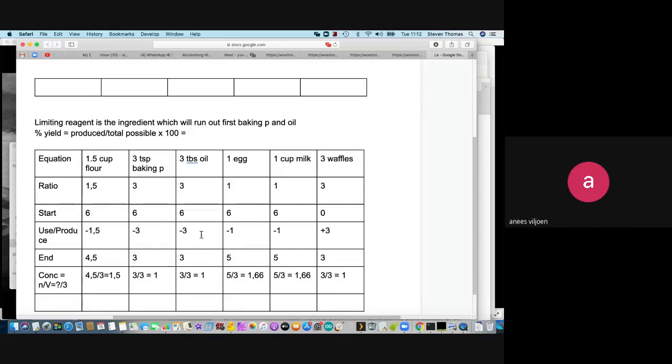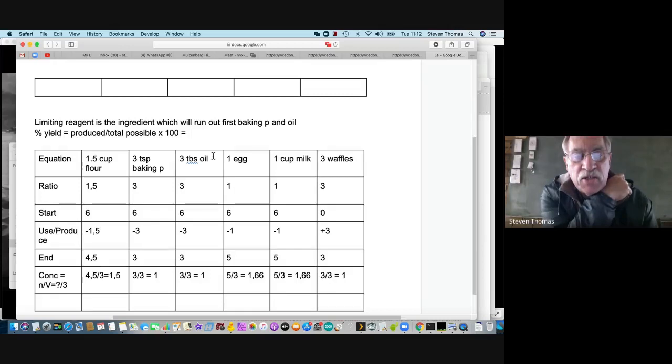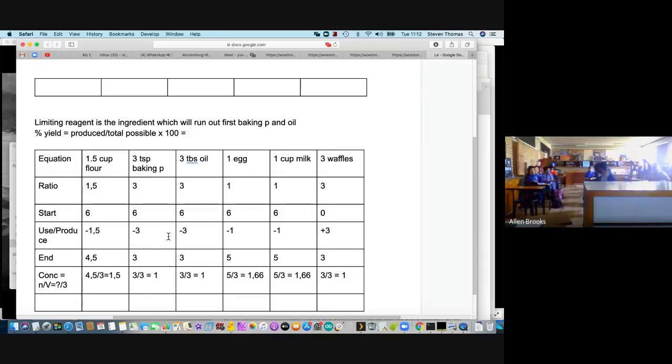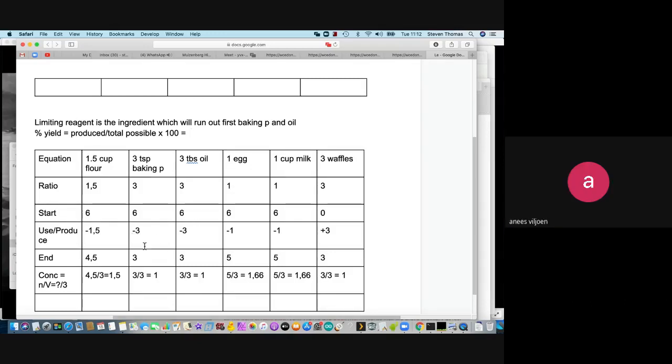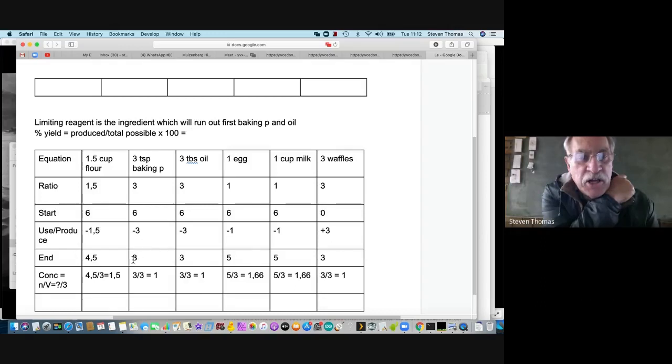6. Did you say that, Anise? Yeah. Okay, you're promoted to matric. Can you explain to us why? Amount of ingredients that was still left over and that was used. Right, so I've still got enough baking powder to make another batch of 3 waffles.